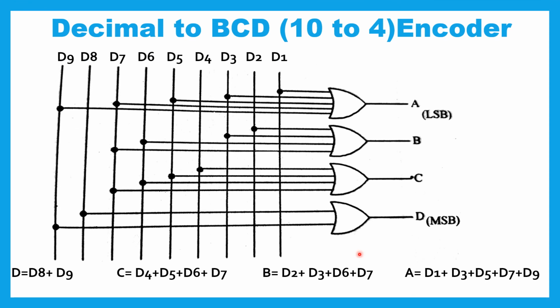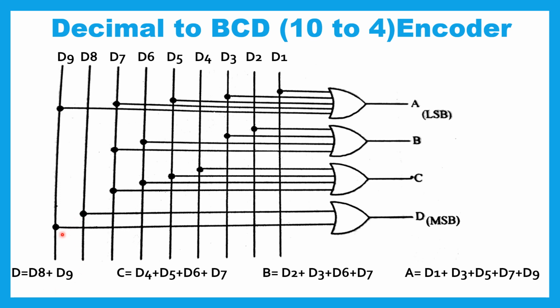We can realize the decimal to BCD encoder using 4 OR gates like this. Here the inputs are D1, D2, D3 up to D9 and the outputs are A, B, C and D. And we know that the Boolean expression for output D, that is the most significant bit, is D8 or D9.